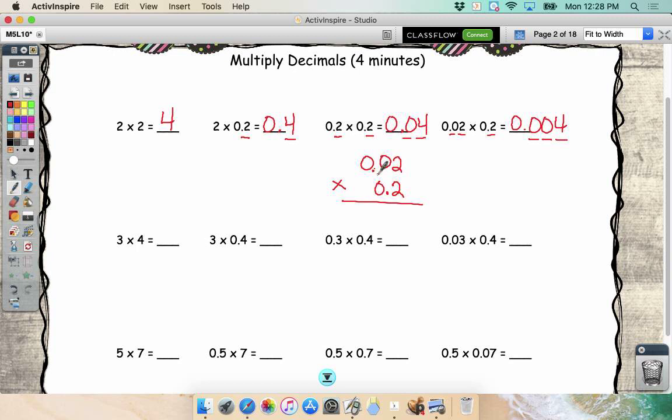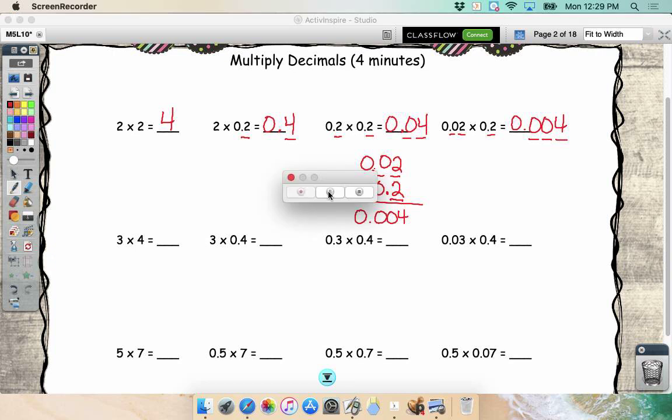All you would do is count how many digits behind the decimal. 3 total. So you would need 3 total behind the decimal in your answer. Okay? So it's the exact same thing, even if it's not written horizontally. Okay? All right, go ahead and finish these, and then we'll say answers by table groups.